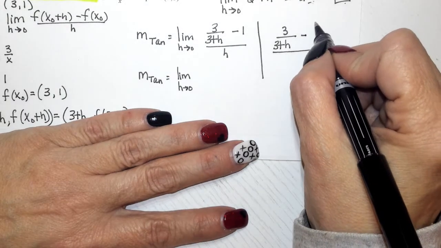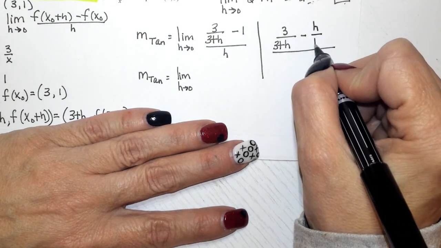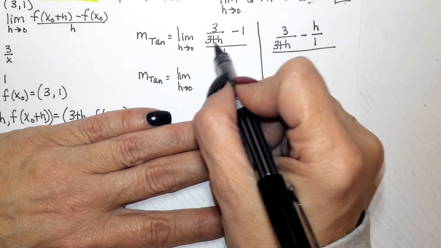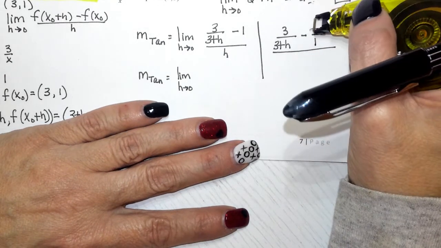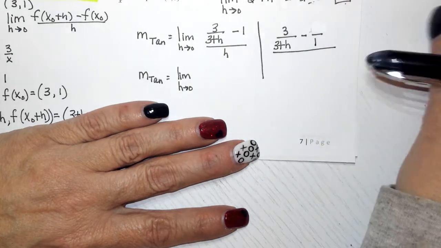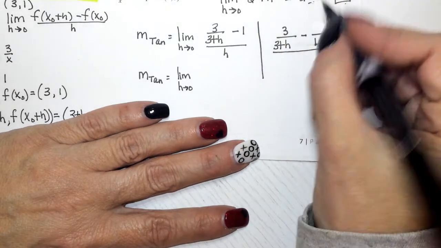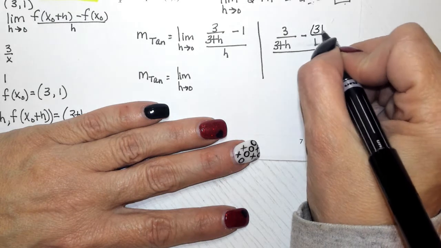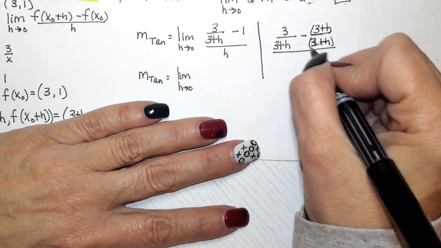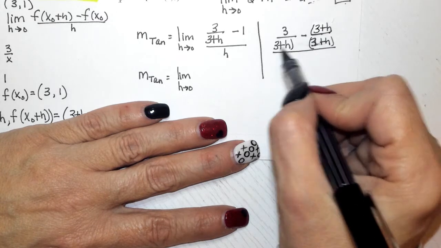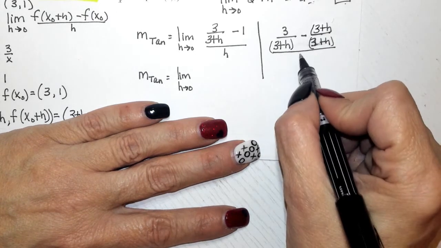I could put this as h over, well, the common denominator would be 3 plus h, wouldn't it? So I would need to say this is 3 plus h over 3 plus h, right? That way they're the same and I can put them together. And this would be over h.